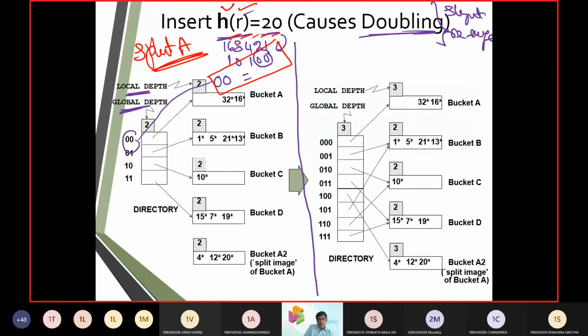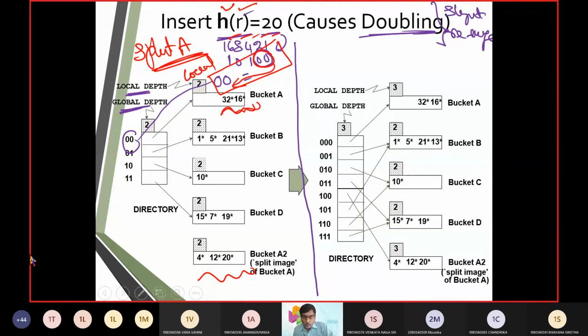So it is 10100. So 00 it is matching with the local depth. So now what we are going to do is we take two elements at this point, 32 and 16. Then we are going to map 4, 12 and 20 into another bucket.